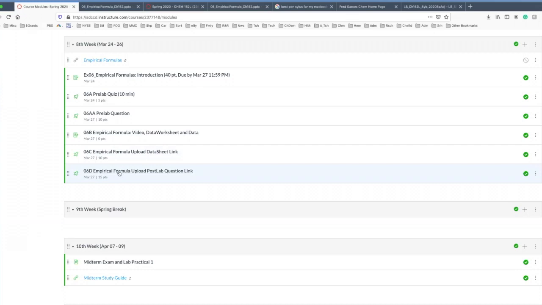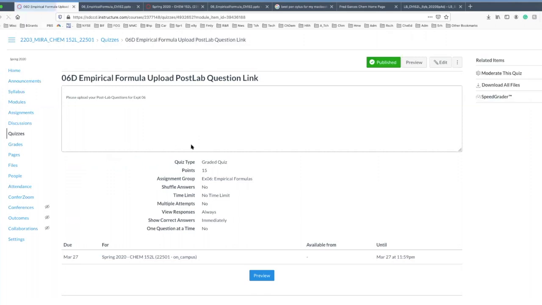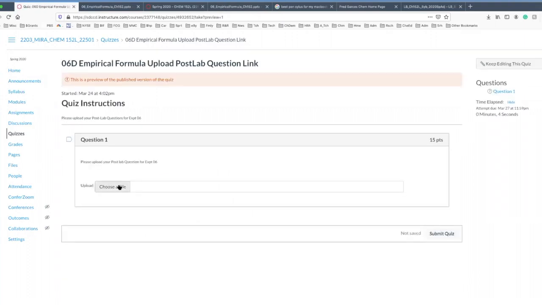So click here after you answer the post-lab questions, and then submit your worksheet in this particular page, okay? So that's basically it.